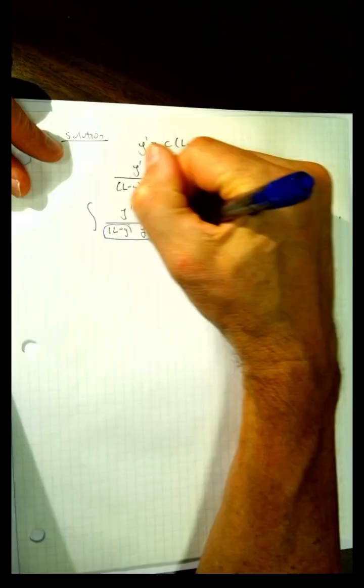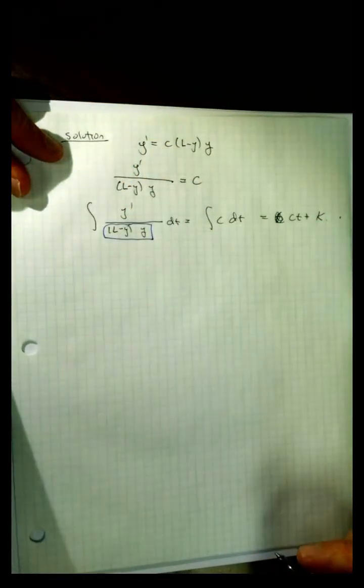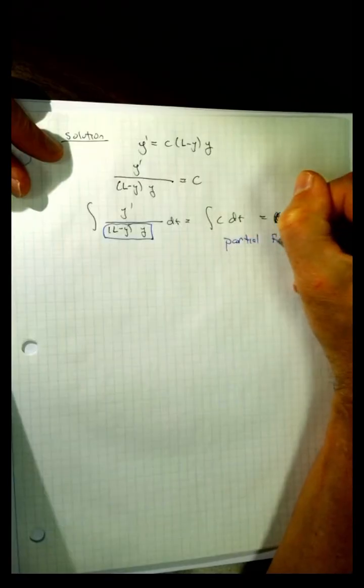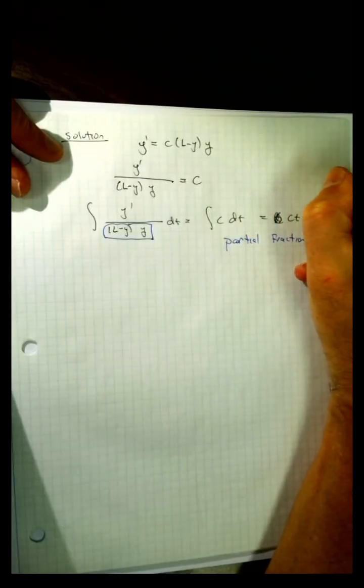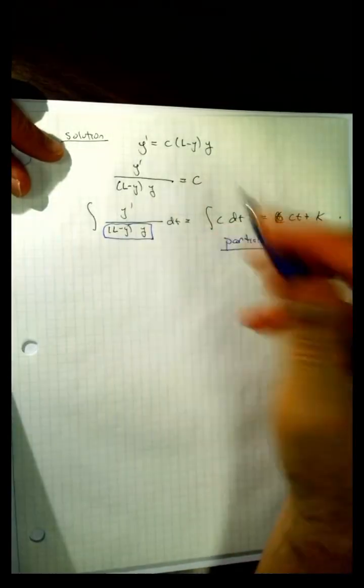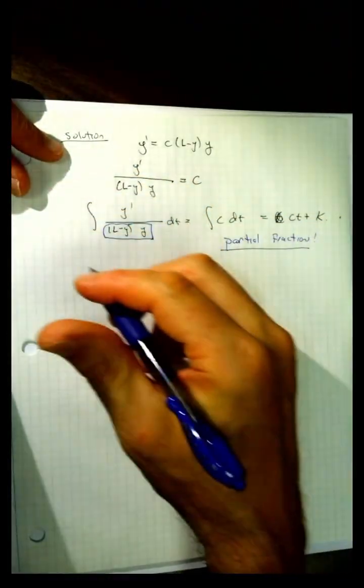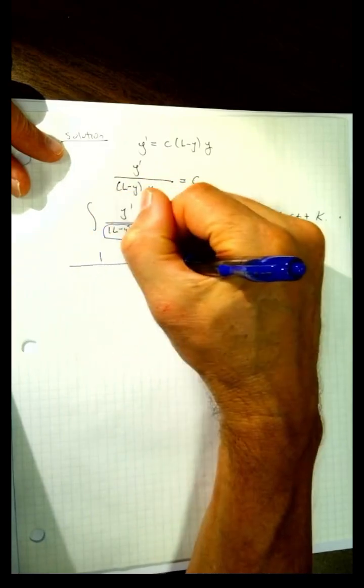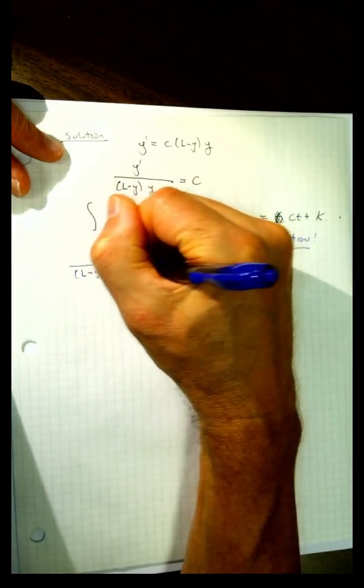Notice I've got the product of two things here, so I'm going to have to use partial fractions, which is a good thing because we haven't done that in a while. So how does this go? I've got 1 over L minus y times y.